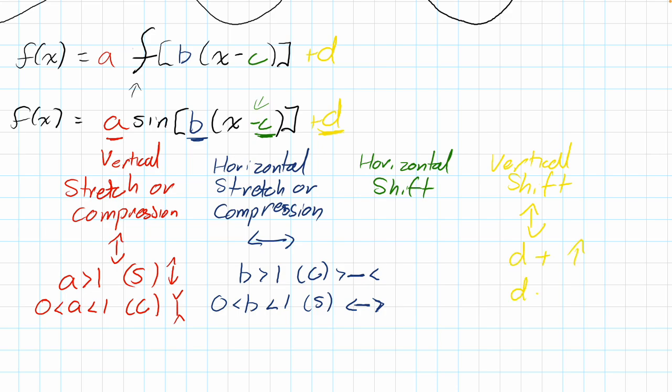And if D is negative, it goes down. Okay. C is a little trickier. The actual values of C are the same as this. But the problem is there's a negative in front of it. So if I put in positive 5 here, plus 5 is just plus 5. And if I have a negative 5, plus negative 5 is just negative 5. So it looks the way you would think it would look.